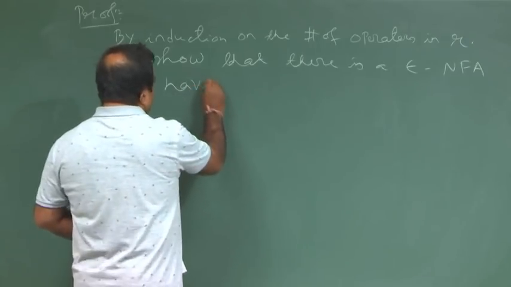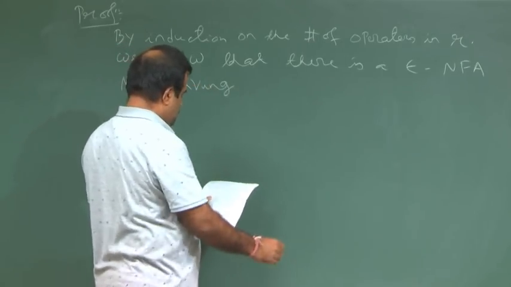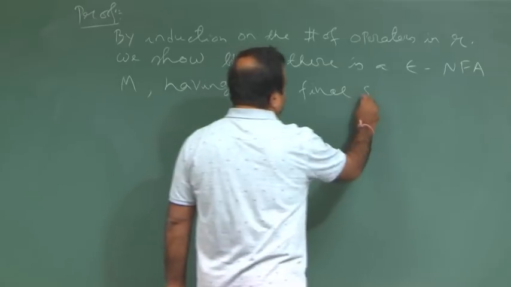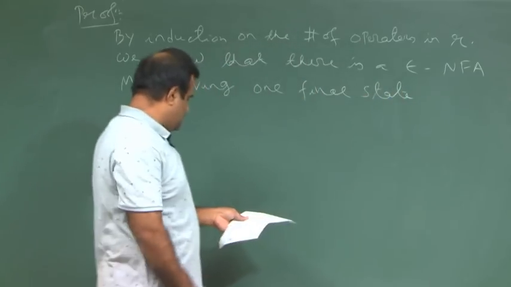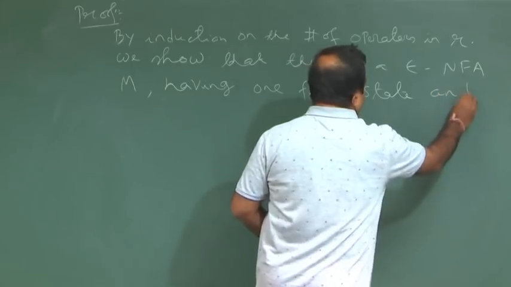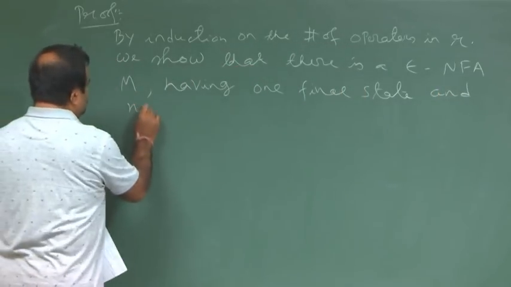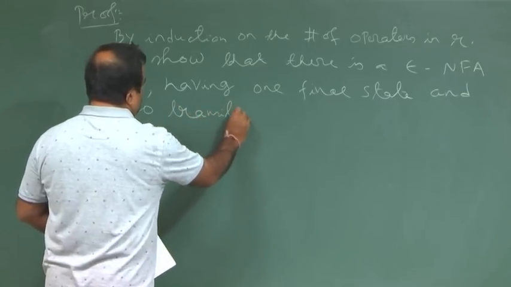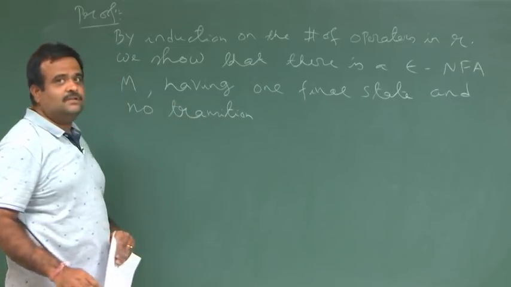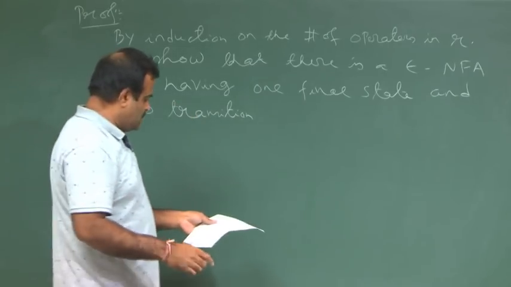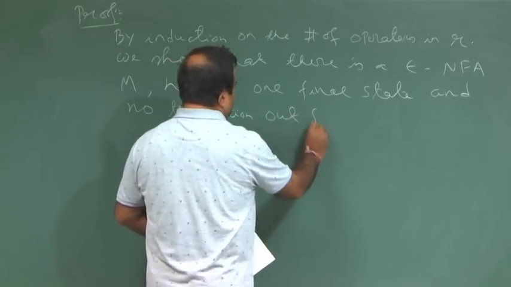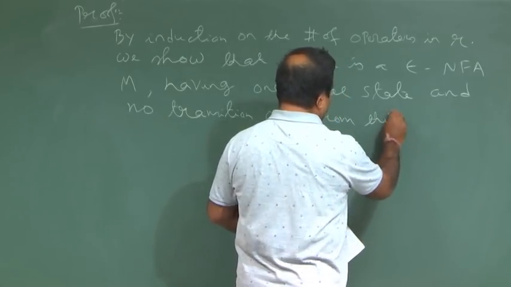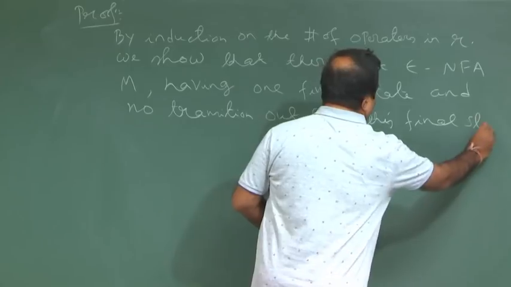It can be proved in general also, but we are using this proof, having one final state and no transitions out from the final state. That means there is no move from the final state to any other state. This we have to understand.